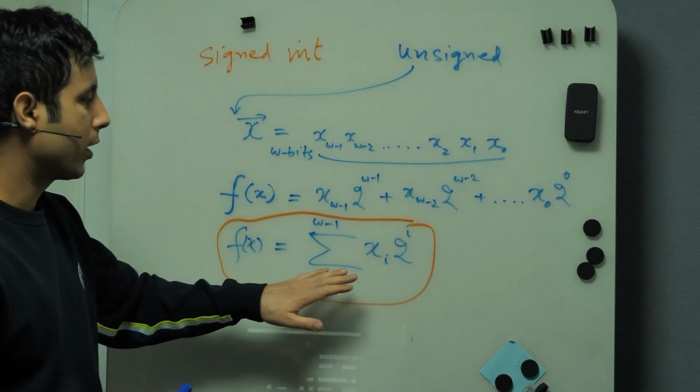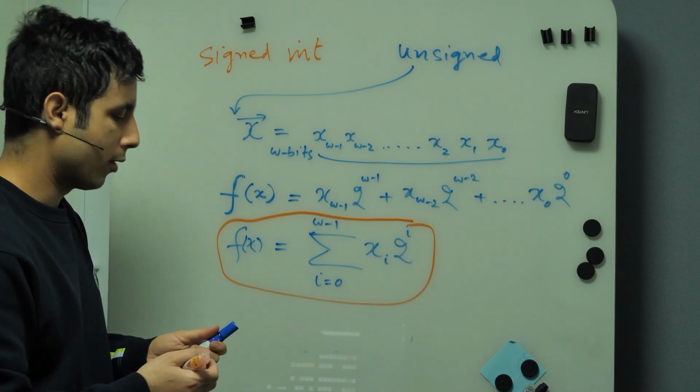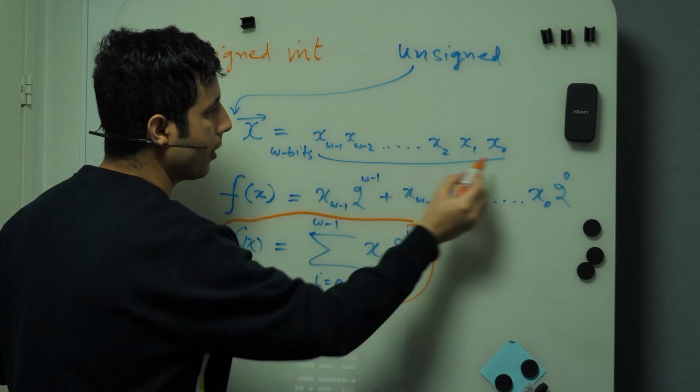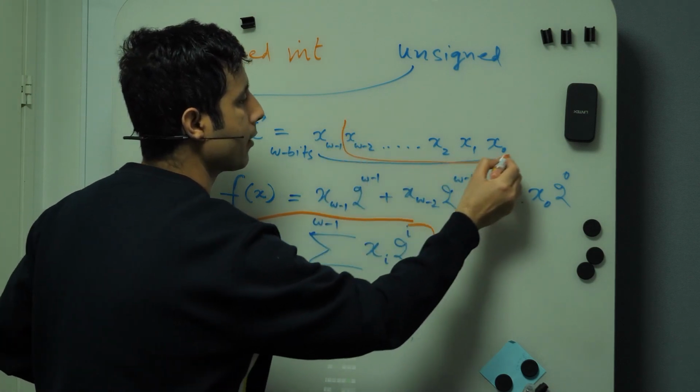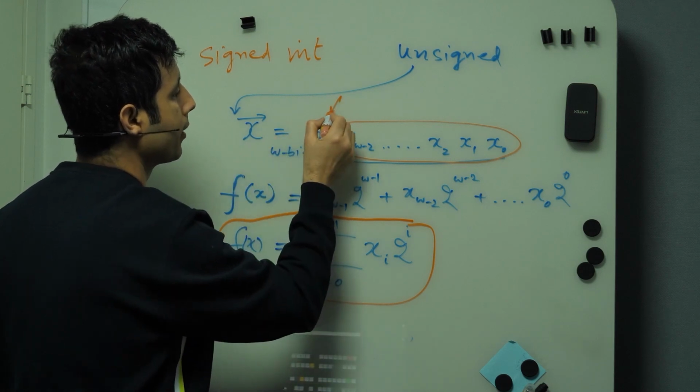With a little change, we can turn this formula into one for signed encoding as well. Instead of adding all the bits, we just add these bits and keep this bit separate because this is the signed bit.